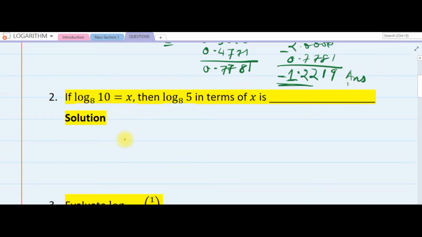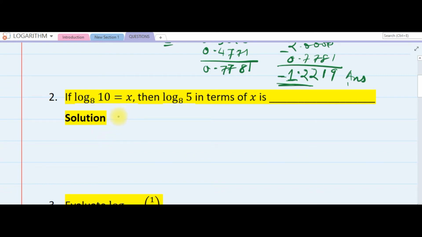We are given that log 10 in base 8 is x, and we are asked to find log 5 in base 8 in terms of x. So the idea is we are given something that has 10, but we are asked to solve something that has 5. So we need to relate 5 and 10.